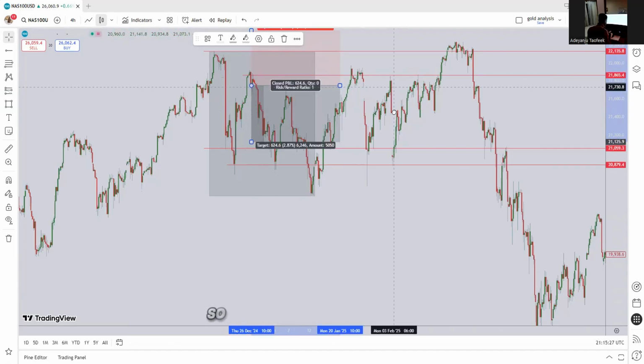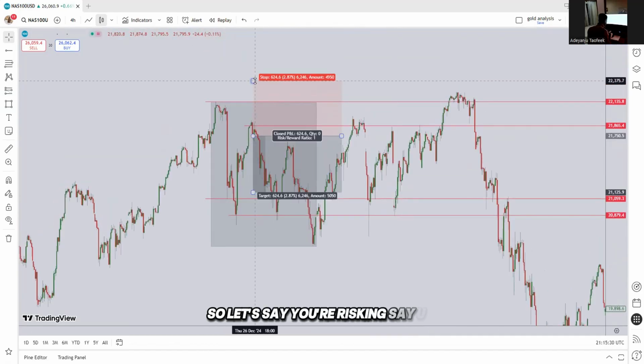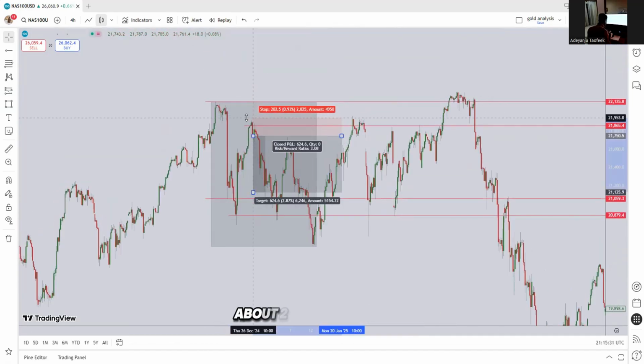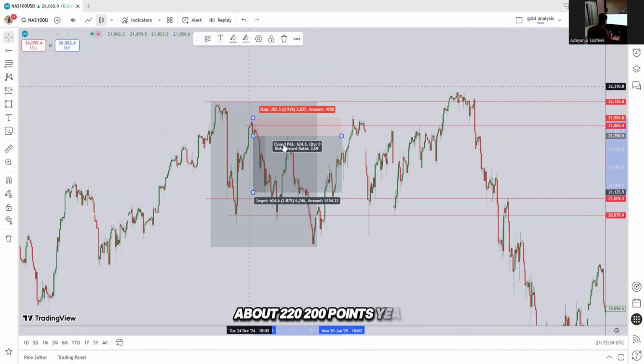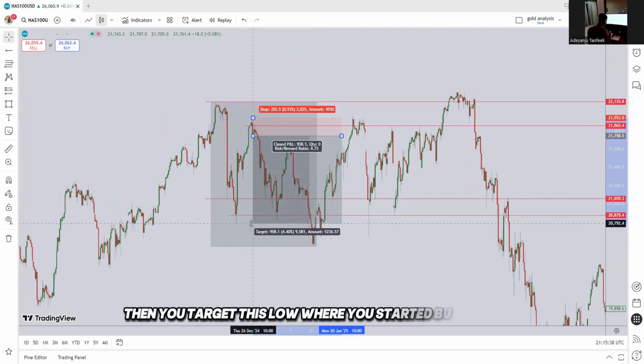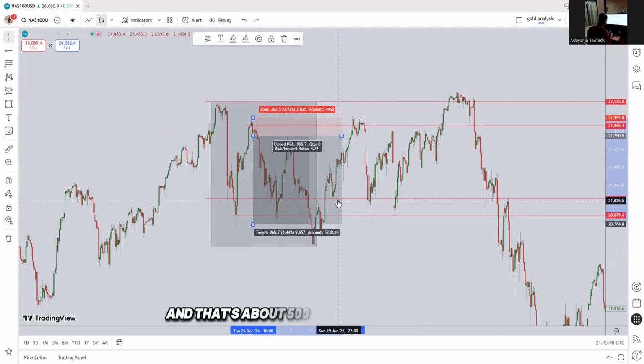Let's say you're risking about 200 points, and you target this low where you started buying from. That's about 500, so about 5 to 1, right? That's risking 5 to 1.